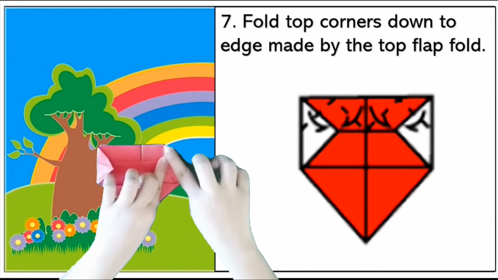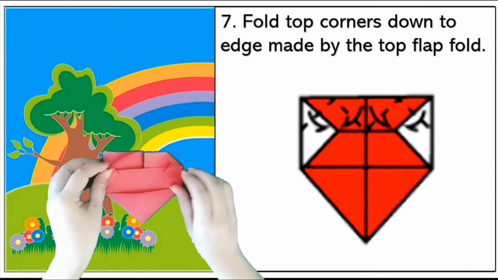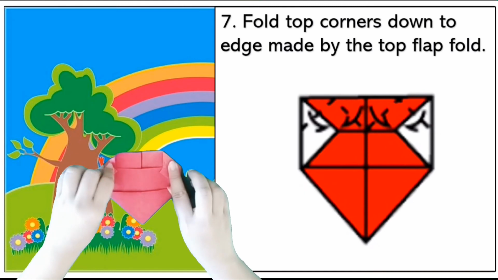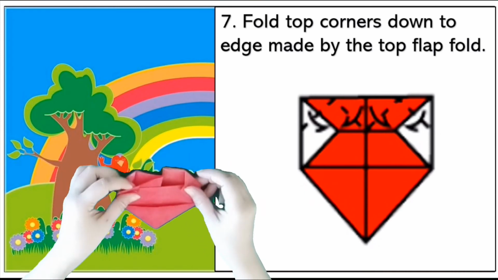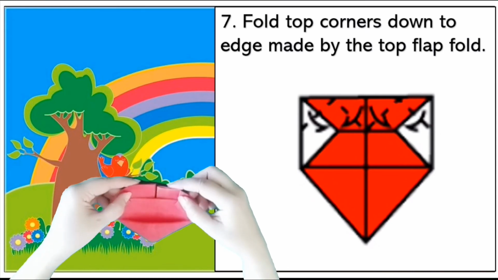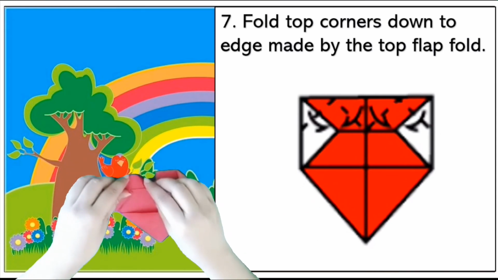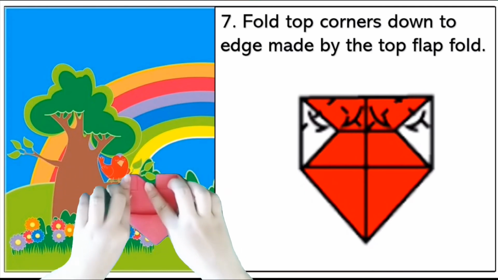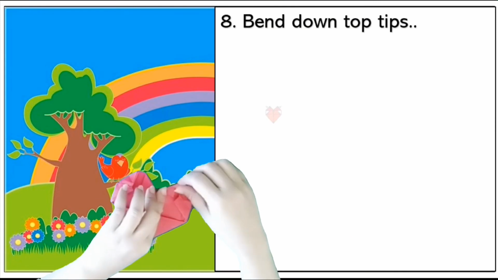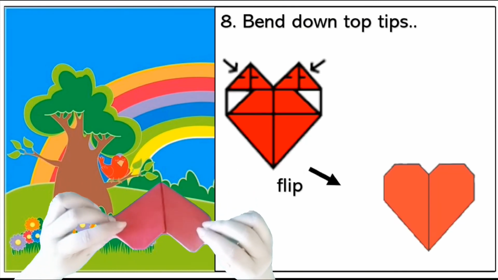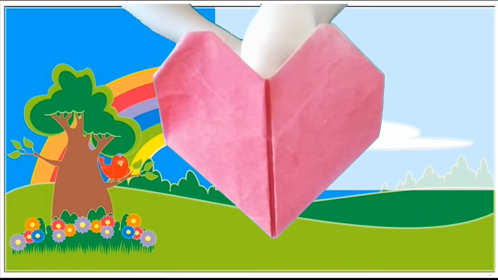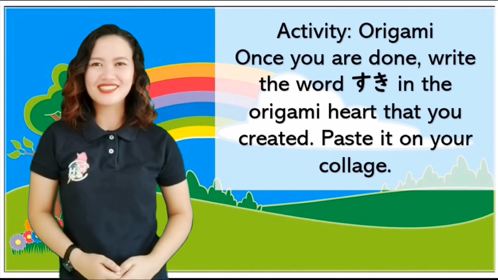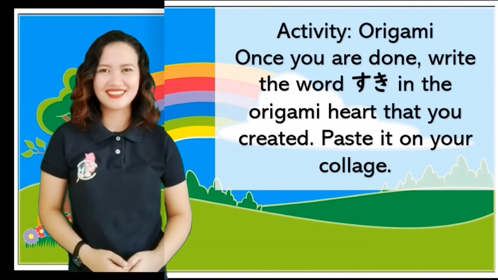Fold top corners down to edge made by the top flap fold. 8. Bend down top tips. Flip. Finished. Once you are done, write the word "suki" in the origami heart that you created. Paste it on your collage. Done.